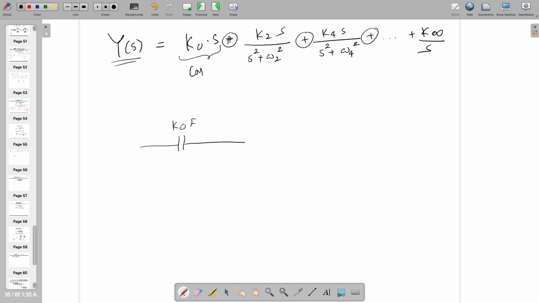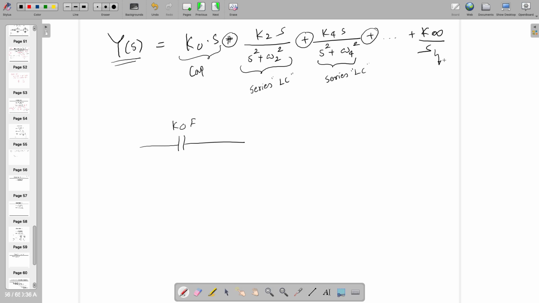This is a capacitor. If this one is a shunt combination in admittance, it has to be series LC, right, in admittance, similar to this one.